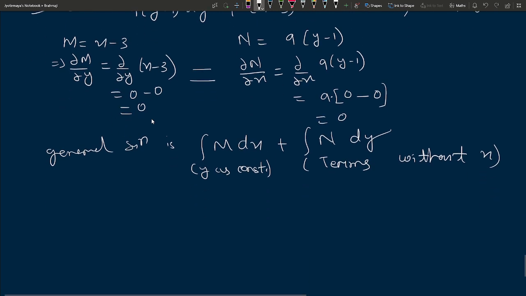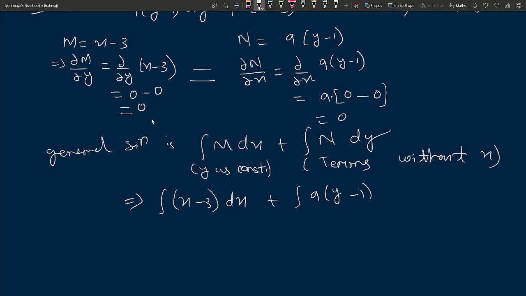What is m? x minus 3 dx plus integration n, terms without x. Now n has two terms, y then minus 1. There is no x here, so 9 into y minus 1, here is also without x, so this is dy equal to constant c.